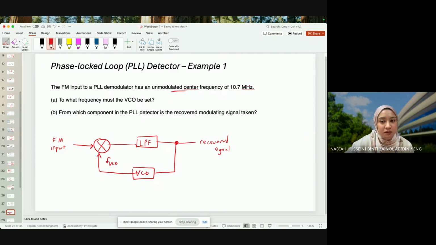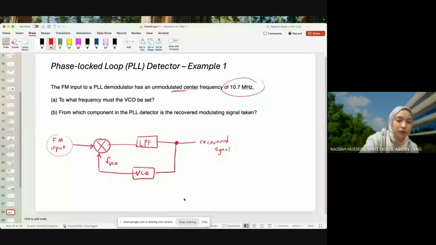The answer is the same as this, because you're trying to match this, right? Therefore, the natural frequency of the VCO should also be the same as your carrier FM input. So the answer is 10.7 megahertz.